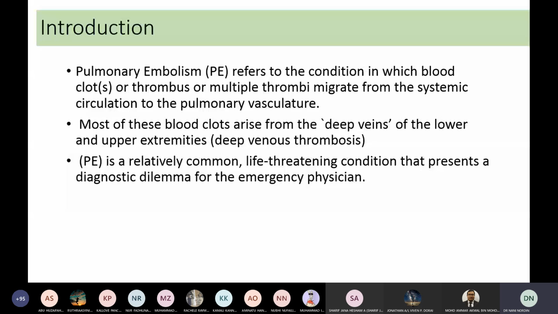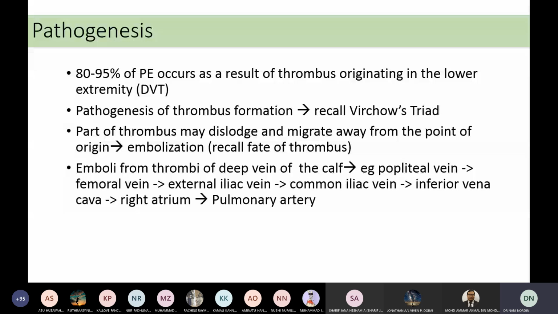Okay, so for you to understand this, you have to be able to imagine how it moves first. I hope by this point all of you can, we've talked about this already, yeah? The pathogenesis. You have to know the pathway of how it travels, and how it gets into the heart.